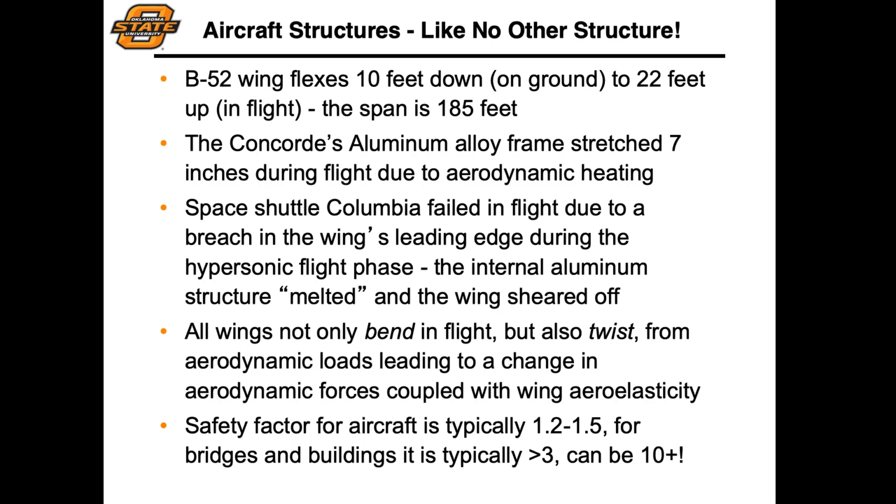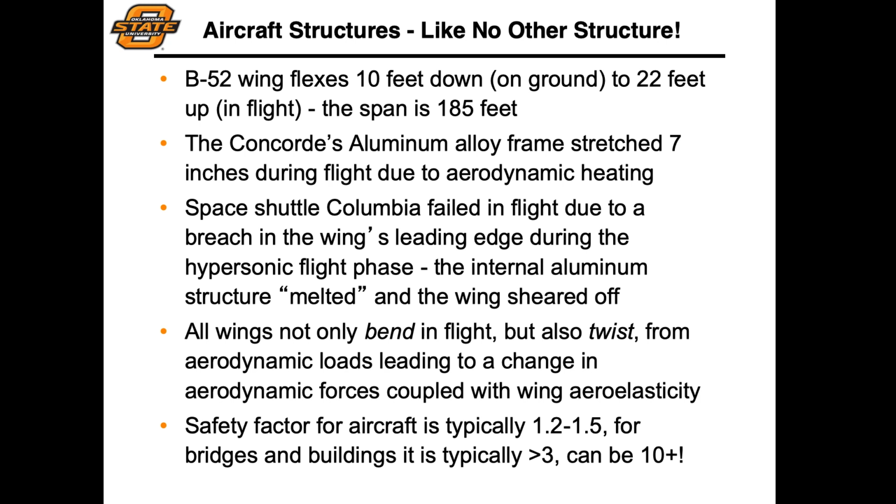Now, there are a number of examples that you can point to throughout the aviation industry that really give some kind of amazing conceptual realizations of how unique aircraft structures are. For example, the B-52 wing flexes a total of 32 feet, from 10 feet down when it's resting on the ground to 22 feet up in flight.